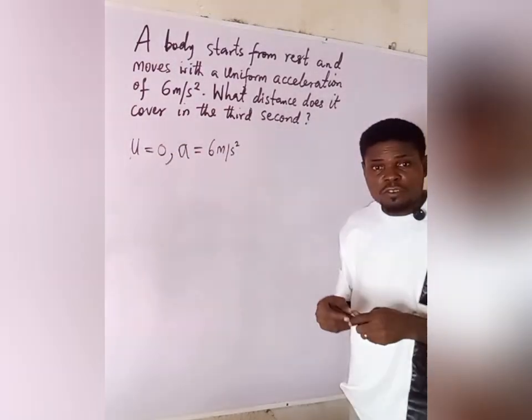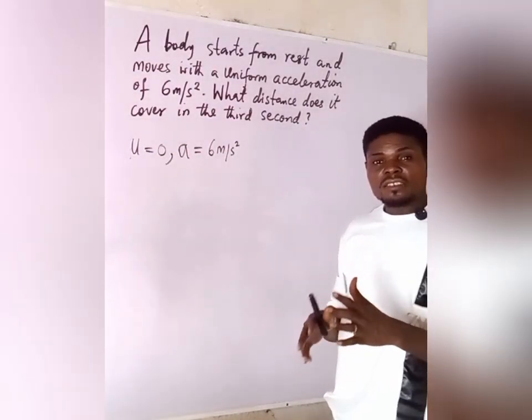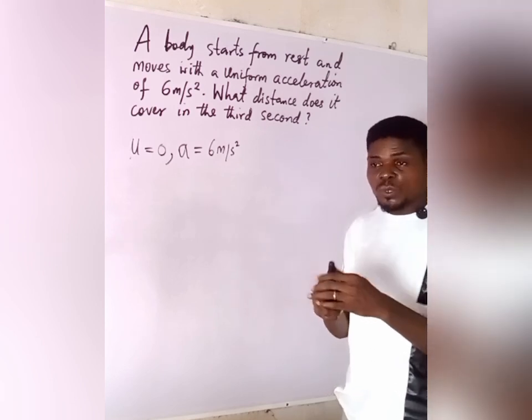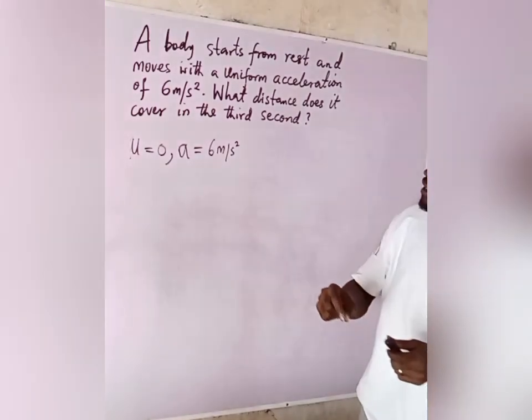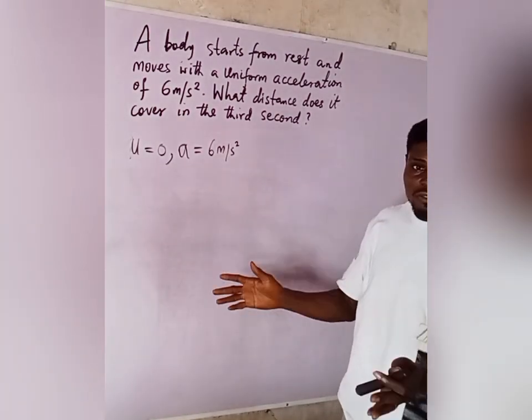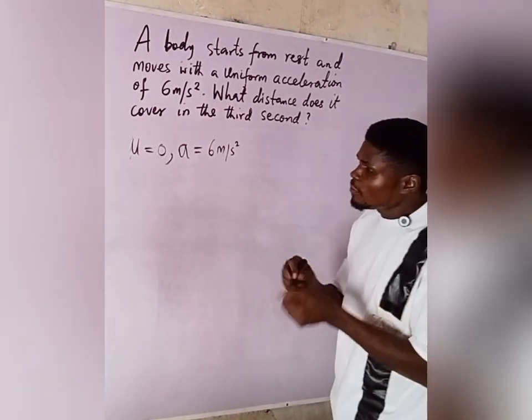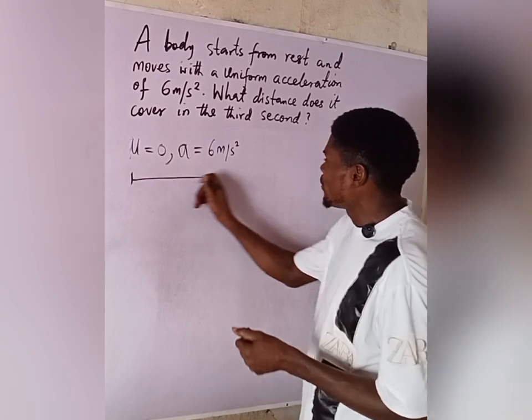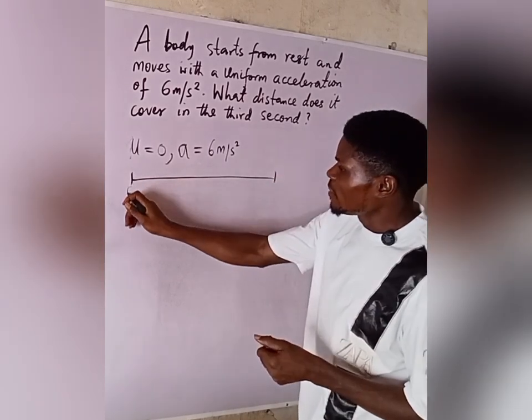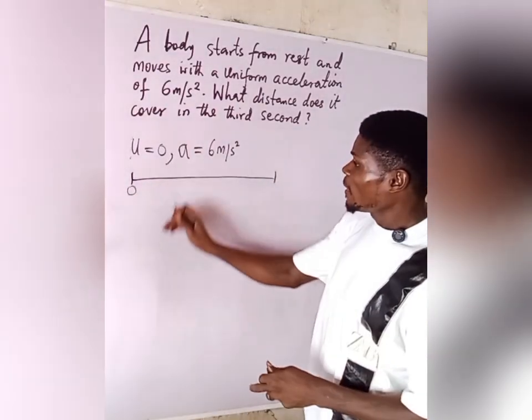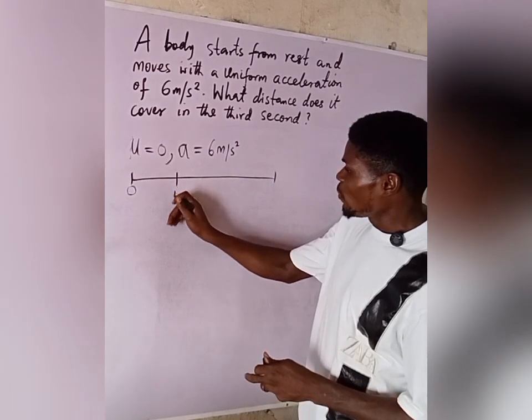So the distance that it covers in the third second is the difference between the distance it covers for 3 seconds and the distance it covers for 2 seconds. Let's say the body started from here, this is the 0 second, that is the starting point. Then the first second is here, that is 1.